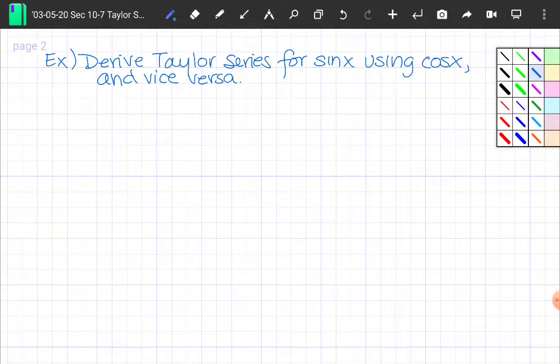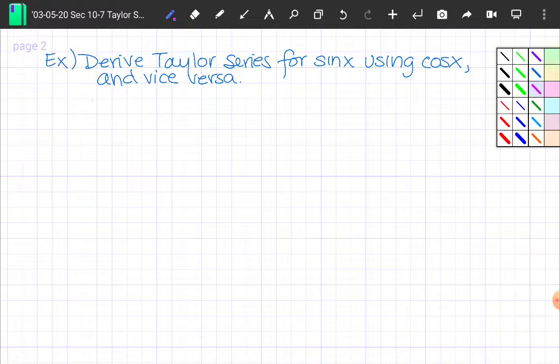This is more just to play with it and see what we can do. You could derive the formula by using what we've done in the past, finding the derivatives and plugging in c equals 0 and doing all the stuff we've done before.